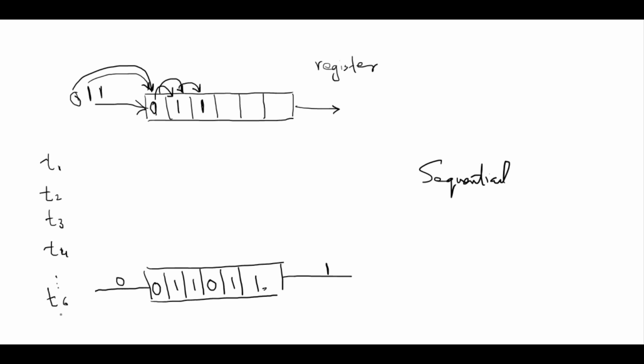Currently at time instant t6 there are 1, 2, 3, 4. 4 number of ones in this shift register.